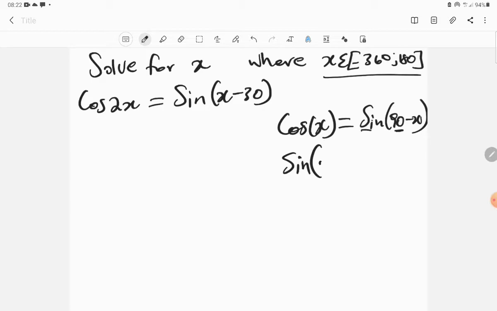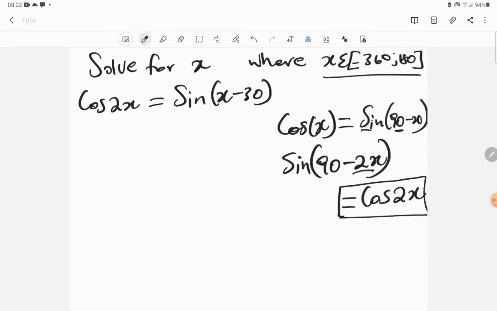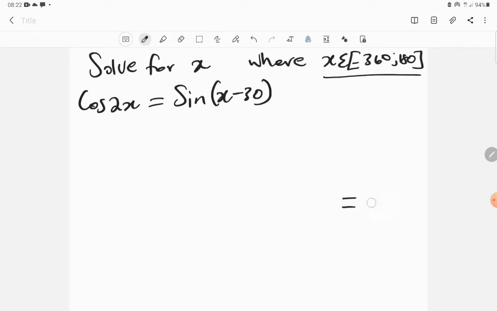So if you have sine (90 minus 2x), the answer will be just cos of this angle, which is 2x. This is what you have to remember when changing one trig ratio to another.